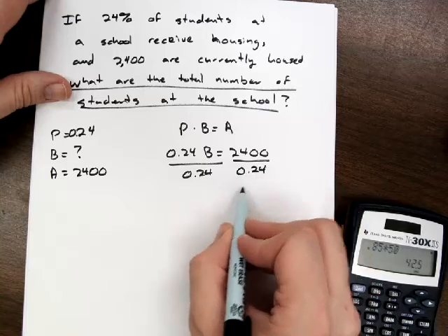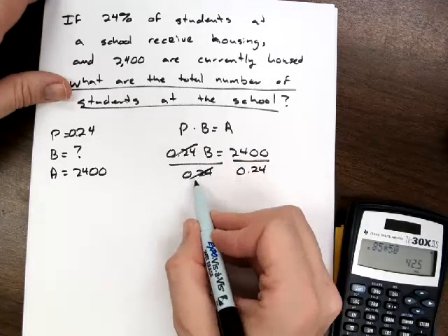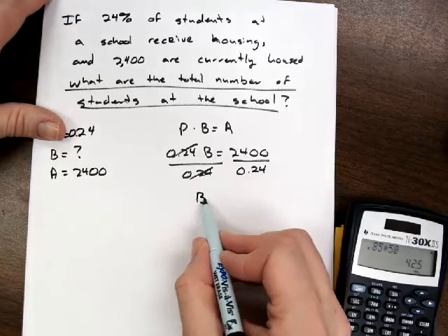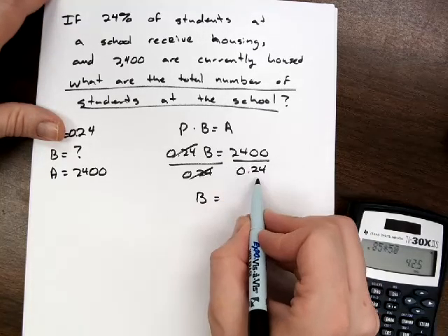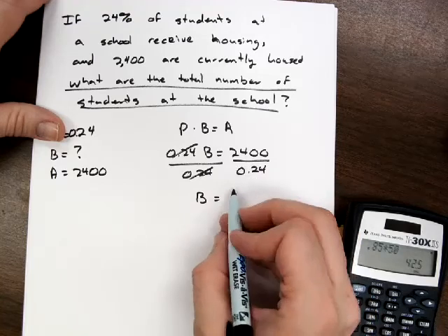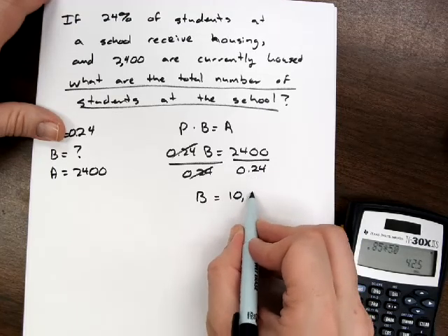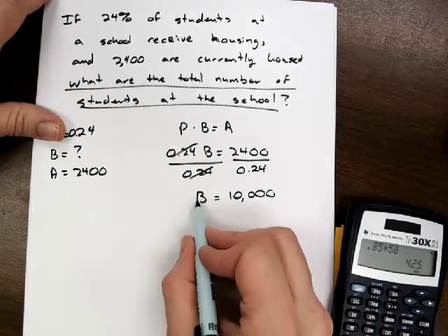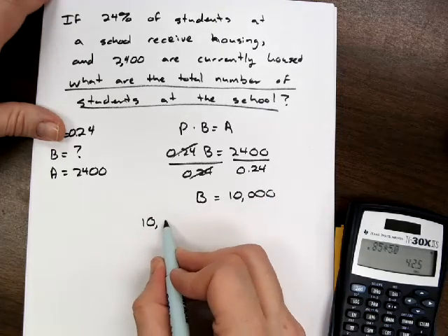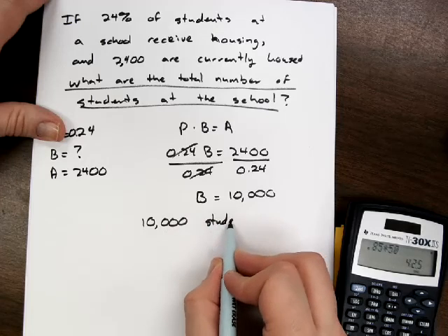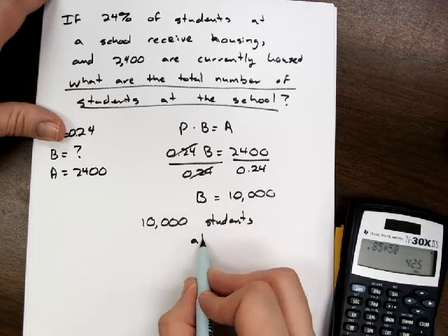We want that variable all by itself on one side, so you have to get rid of what's attached to it. Well, it means b is equal to 2,400 divided by 0.24. This looks to me like we've got 10,000. So it looks like we've got 10,000 students at the school.